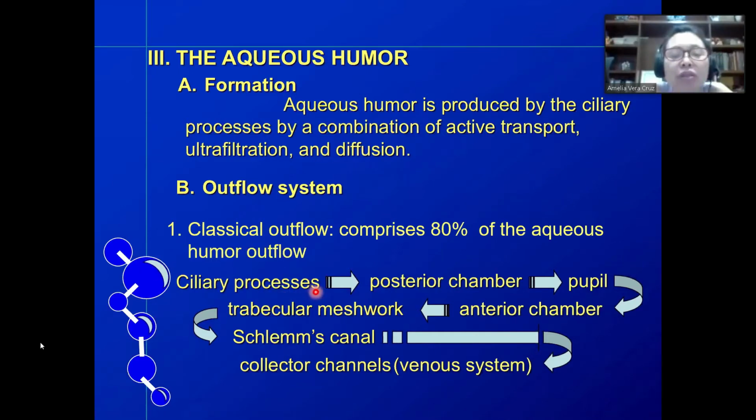Then from your ciliary processes, the aqueous will go to your posterior chamber. Then it will pass through the pupil. Then it will go to your anterior chamber. Then it will drain to your trabecular meshwork. Then from the trabecular meshwork, it will go to your Schlemm's canal. Then from the Schlemm's canal, it will go now to your collector channels. Then it will go now to your venous system.